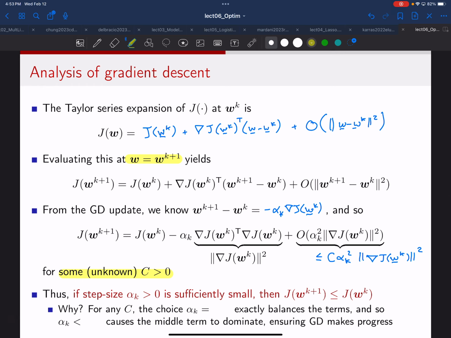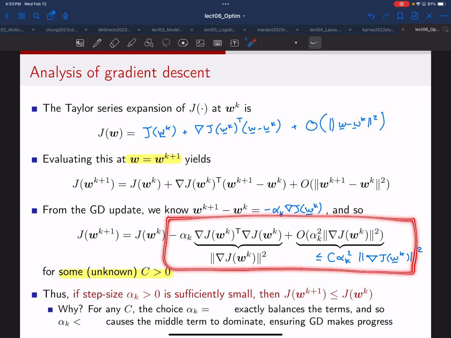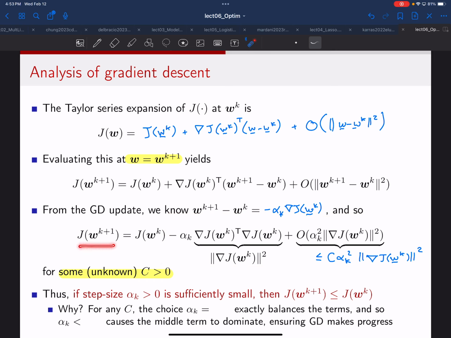Okay, so here's where we actually get to think about this. Remember that my goal is to start at this level of cost and decrease the cost. So we want the left side to be smaller than this, which means everything that comes after it should be negative. If I make that stuff in the red box negative, it means my new cost is smaller than my current cost.